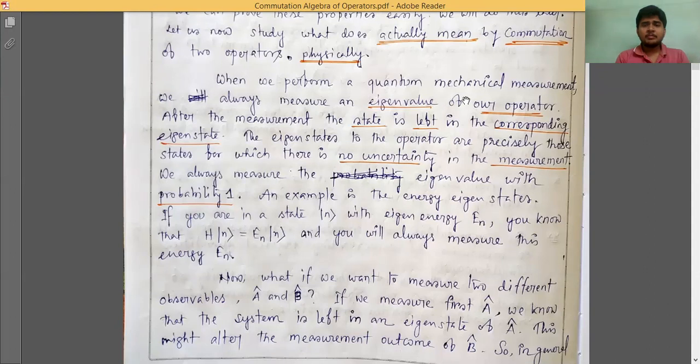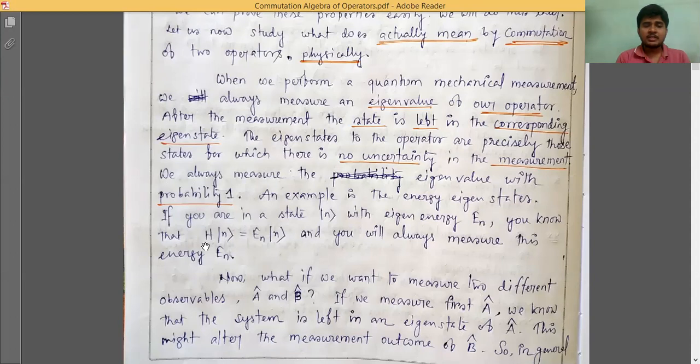When we perform a quantum mechanical measurement, we always measure an eigenvalue of our operator. That means whenever we write A x equals lambda x, here we write H operating on ket n equals E n times ket n.